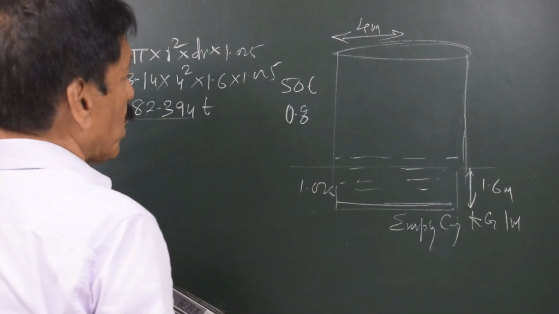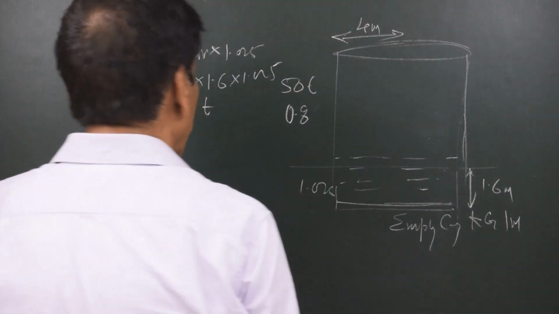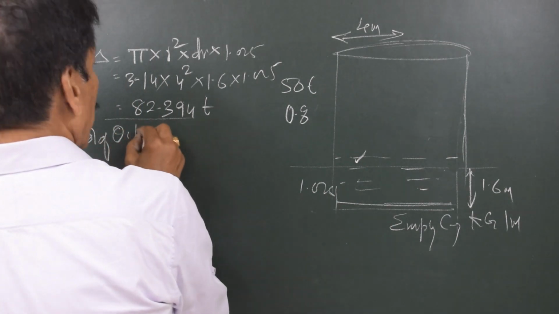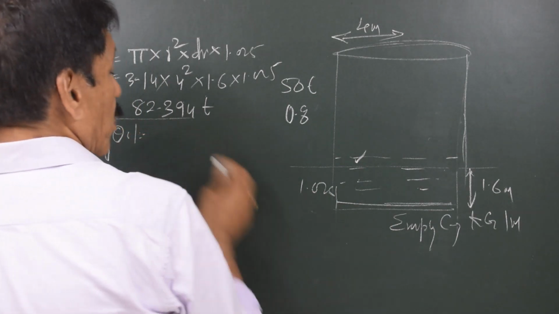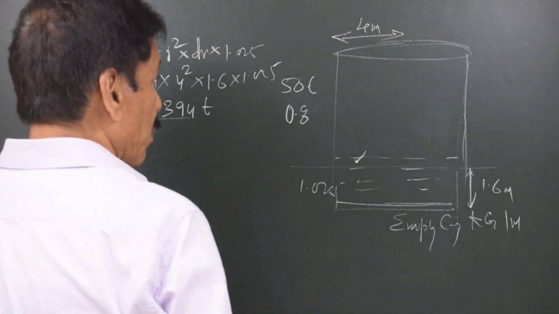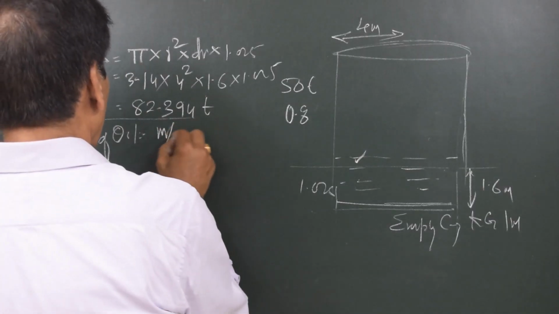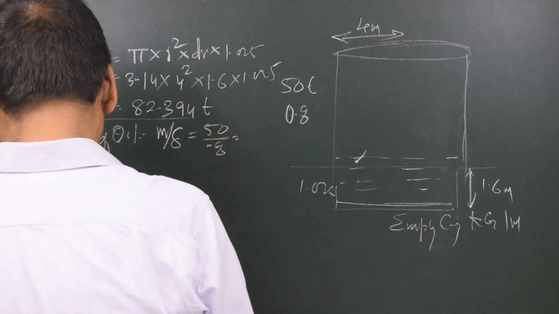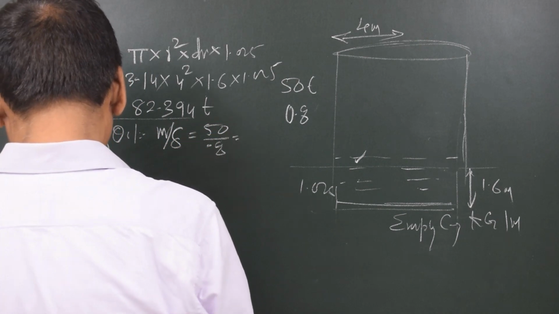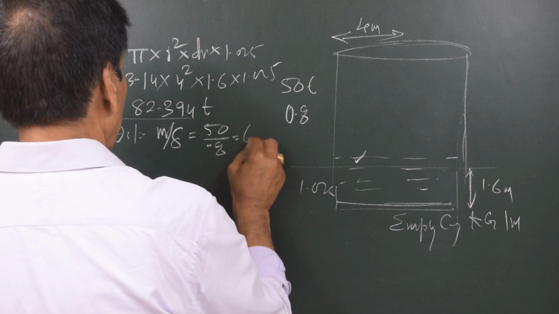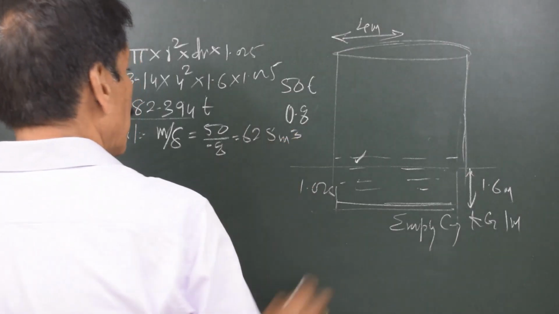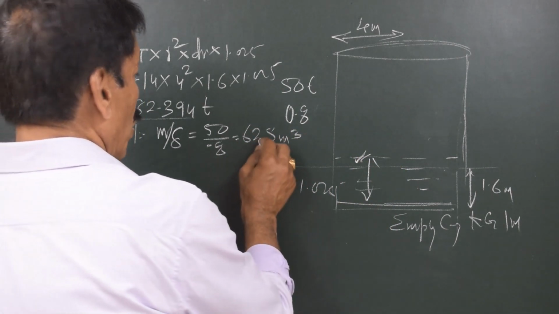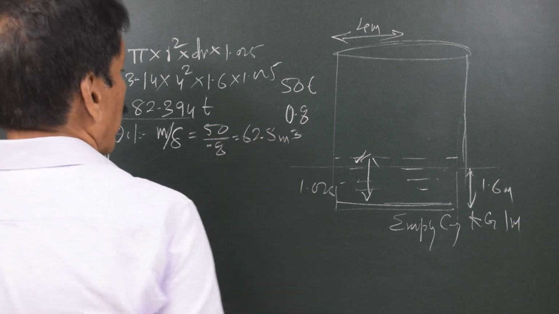Now when 50 tons of oil is poured into it, we must know the volume of oil. The volume of oil that is poured: we know mass is equal to volume into density, so volume would be mass divided by density. So that is 50 divided by 0.8, which gives me 62.5 meter cube. The height attained by the liquid will be given by the volume divided by area.